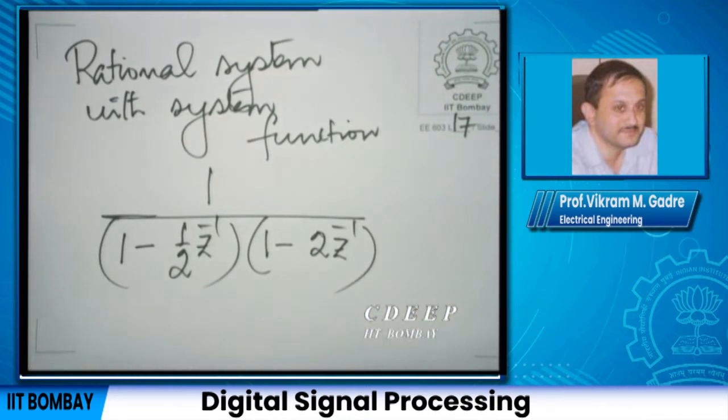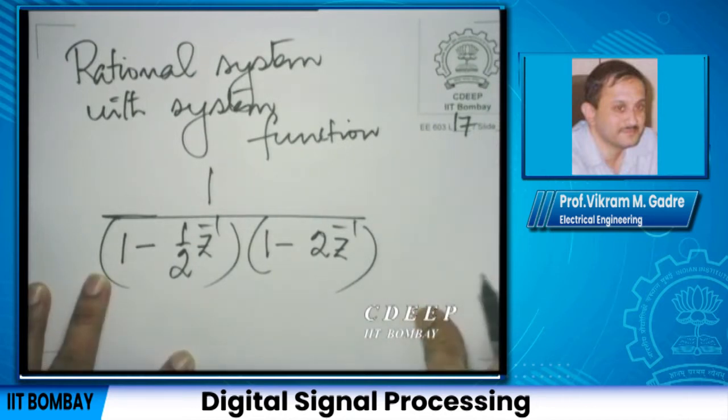Now, please note, the moment I write this, you should immediately ask me what is the region of convergence. I told you we often forget that a rational system must be characterized by both an expression and a region of convergence. So, here I have three possible regions of convergence. Let us look at each of them in turn.